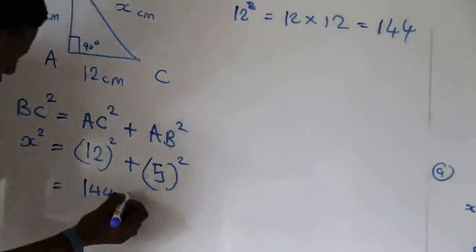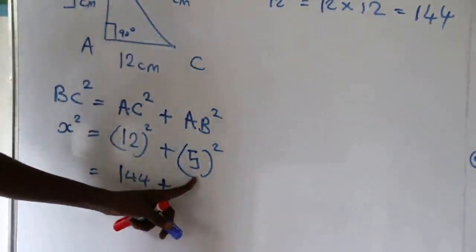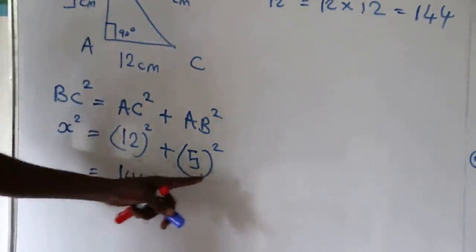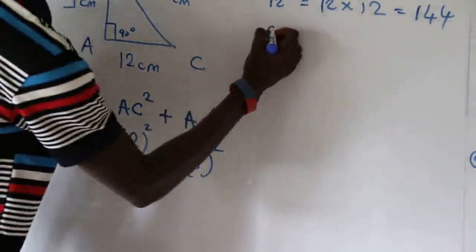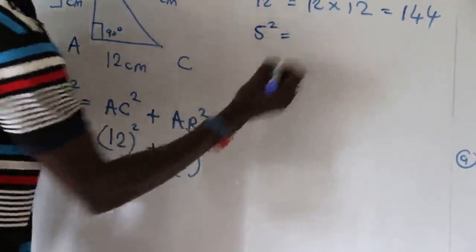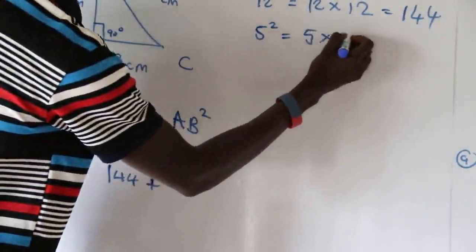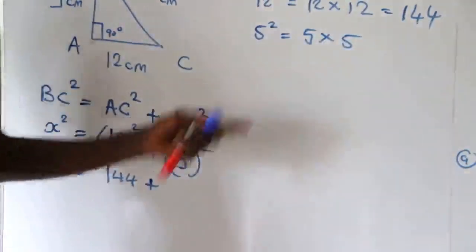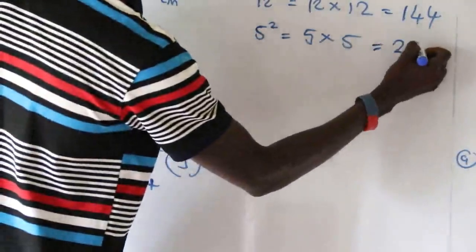You bring your addition sign down. Now the next quantity here, we have 5 squared. And what does 5 squared stand for? It stands for 5 times 5. And what is 5 times 5? 5 times 5 is equal to 25.